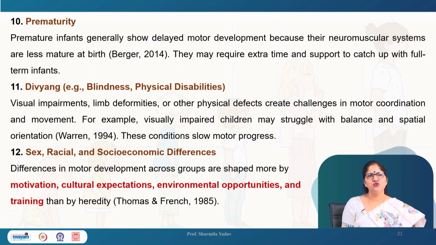And the 12th factor is sex, racial, and socio-economic differences. Differences in motor development across groups are shaped more by motivation, cultural expectations, environmental opportunities, and training than by heredity.